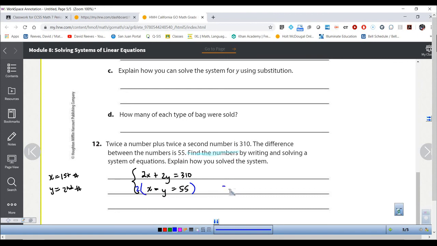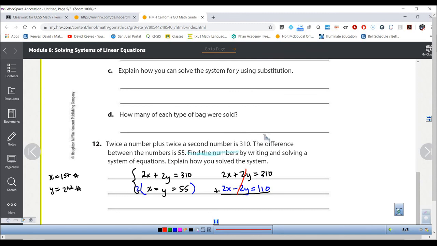I would get 2x minus 2y equals 110. And why did I multiply it by 2? Because that top equation is 2x plus 2y equals 310. And I hope you can see this is coming together very nicely, right? Because what's going to happen with these two? They're going to cancel. Those are going to be 200 apart, and you can solve it from there.